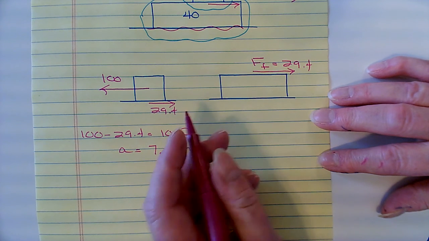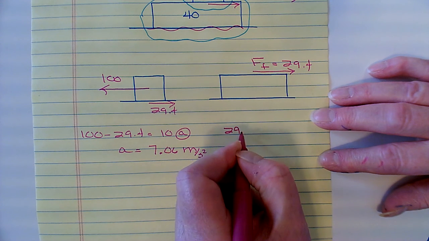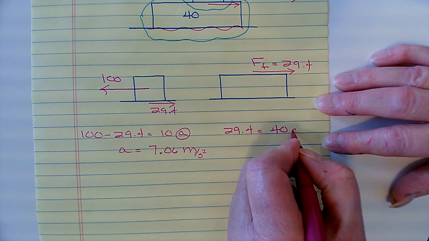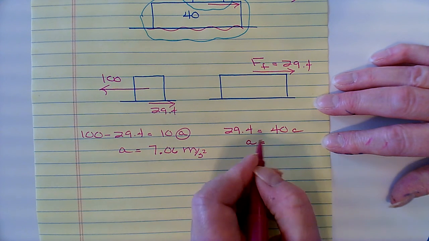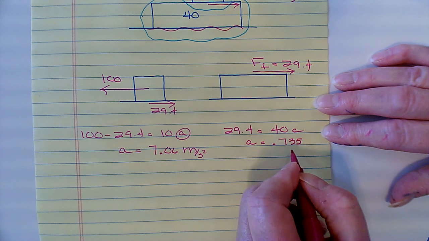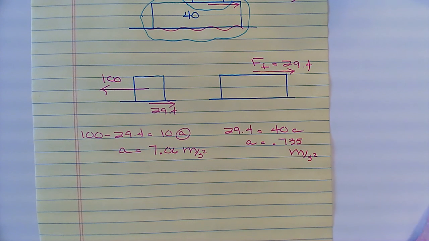So F net equals m a. The only force that I have is 29.4 equals his mass times a, and his acceleration is 0.735 meters per second squared.